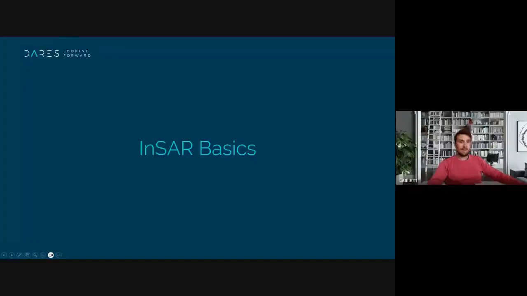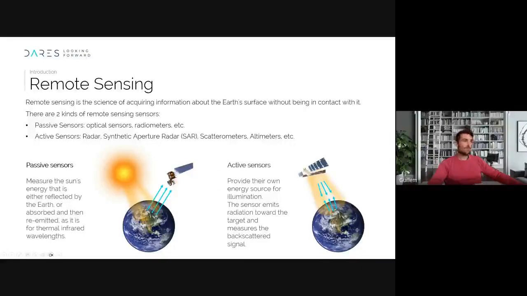Okay, just to go into the topics, some basics about remote sensing. As I said before, remote sensing is about getting data without being in contact with, in this case, the Earth surface. For this, we have two kinds of sensors. We have what we call passive sensors.